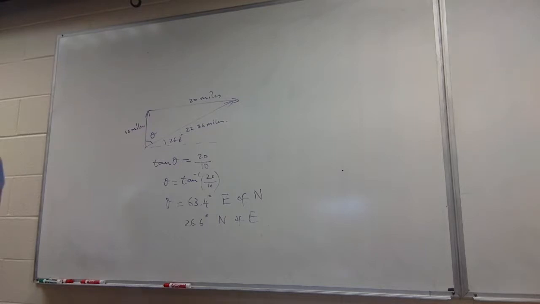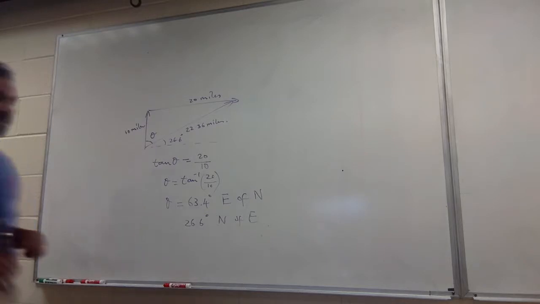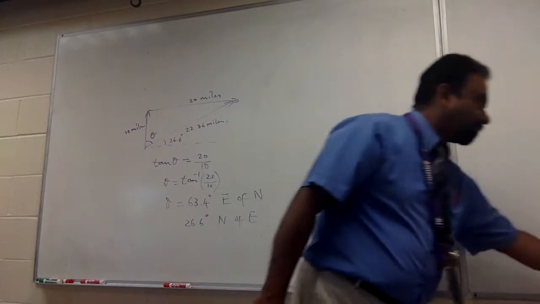So if you're given two vectors that are at right angles to each other, then you can find the resultant. When are you going to have issues then? When it is not right angles. When it is not a right angle, then you may have some problems there.